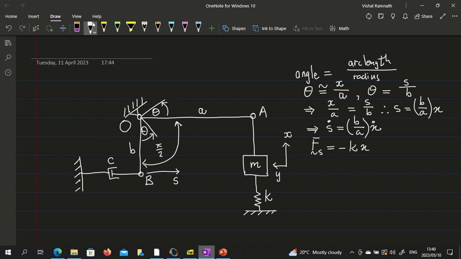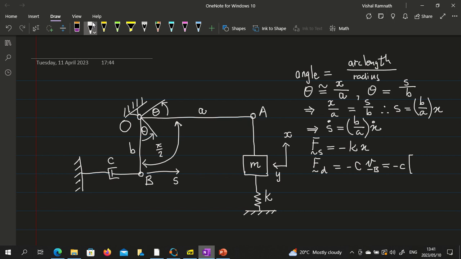That would stretch point B a distance of s, and then it follows that the force would be minus the damping constant times the velocity of B, and then that would be minus c into.